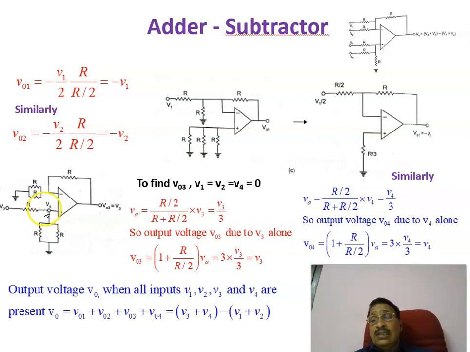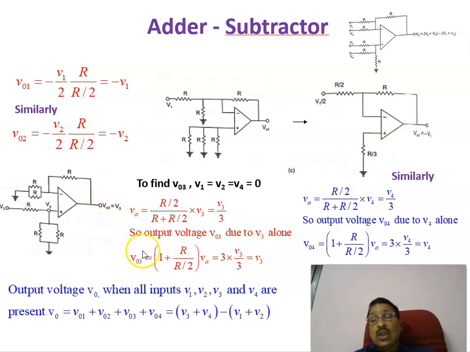Once this voltage is equal to V3 by 3, this is a non-inverting amplifier. The output voltage is given by this voltage into 1 plus this resistance divided by R by 2, so 1 plus R divided by R by 2, into V3 by 3, and you will get V3.